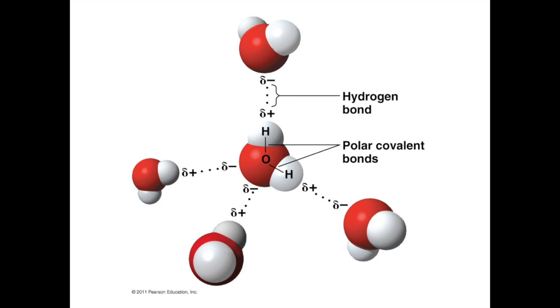So the shape of a water molecule, you notice that the hydrogens are not on either side exactly. It's not like a straight line from an H to the O to the H. It's kind of got a little bend to it, a little angle to it. And that's really what happens because of the way that the electrons are shared.